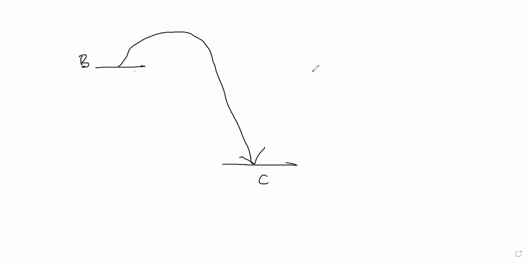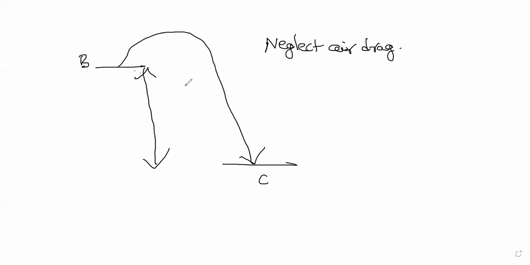So here they said neglect air drag. When you neglect air drag, what are the things which are acting? It's only the gravitational force acting on this skier. Now let's do the normal work energy theorem.